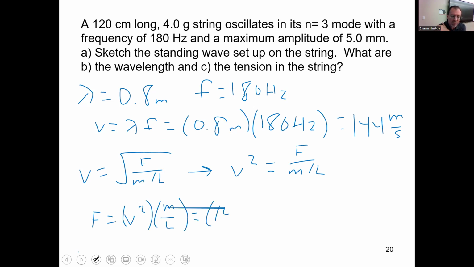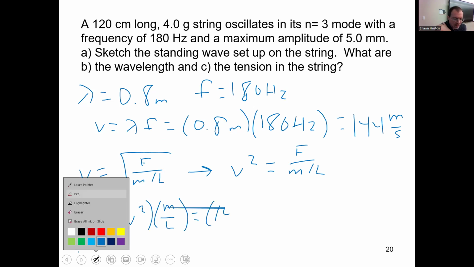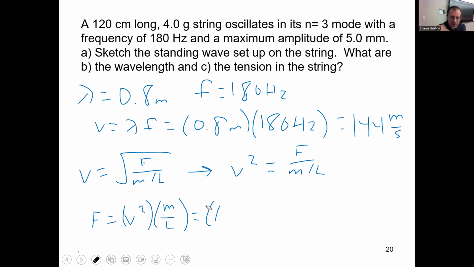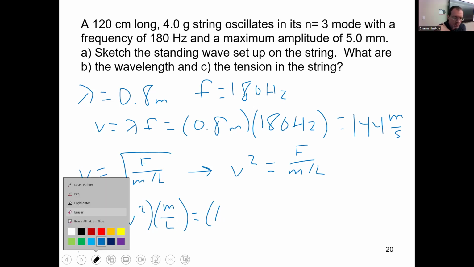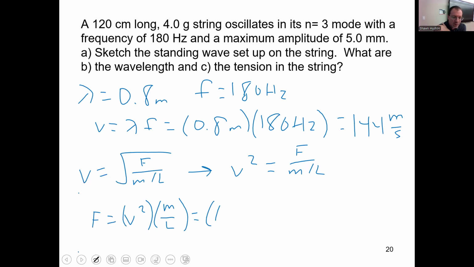There's a little debris on the screen probably that causes some headaches when we're trying to write on it. So v is 144 meters per second. The mass of the string, it says it's 4 grams. Of course, we don't work in grams, we work in SI units, kilograms: 0.004 kilograms.